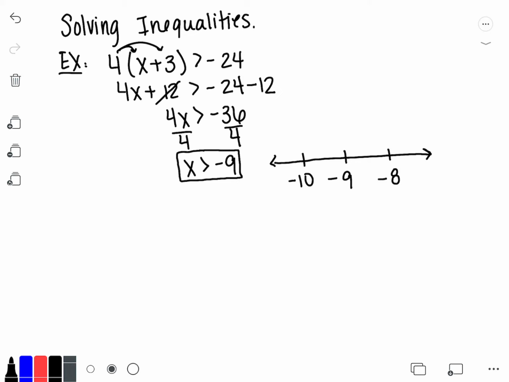Well, because it's strictly greater than, it does not have an equals mark, it's going to be an open circle, and it's pointing to the right, so we're going to shade to the right. And that's a good graph there. So these numbers are all bigger than negative 9.